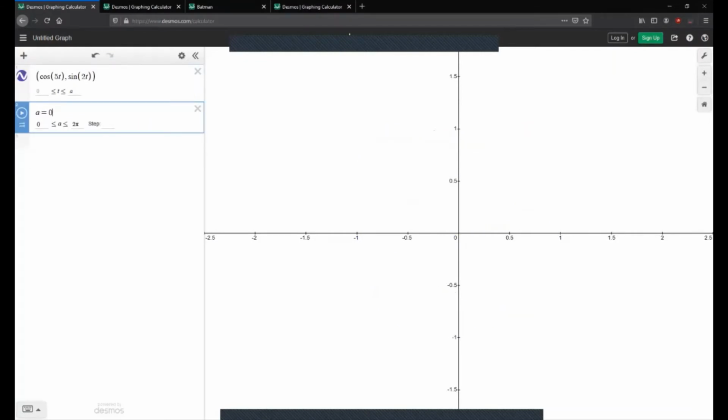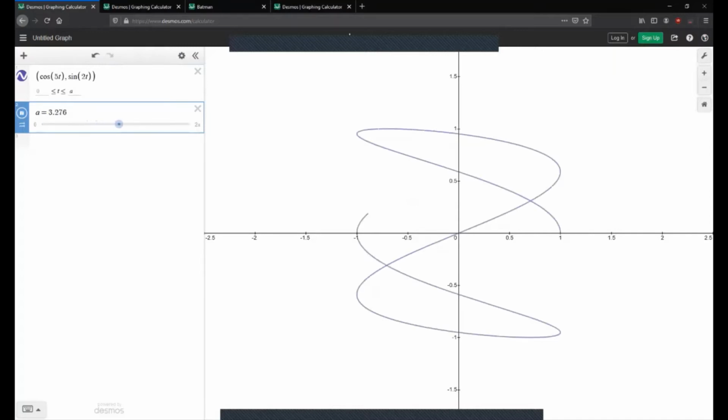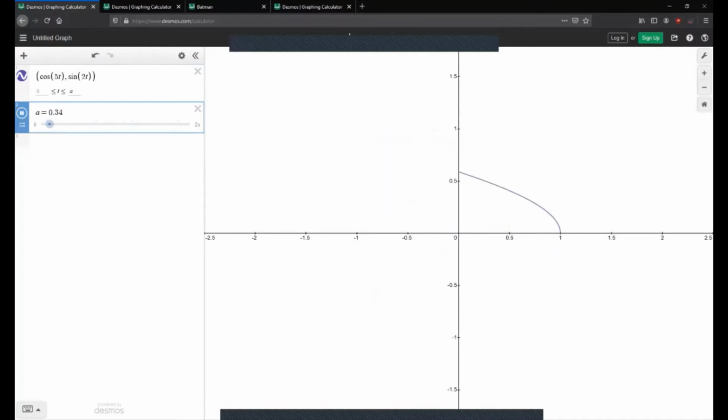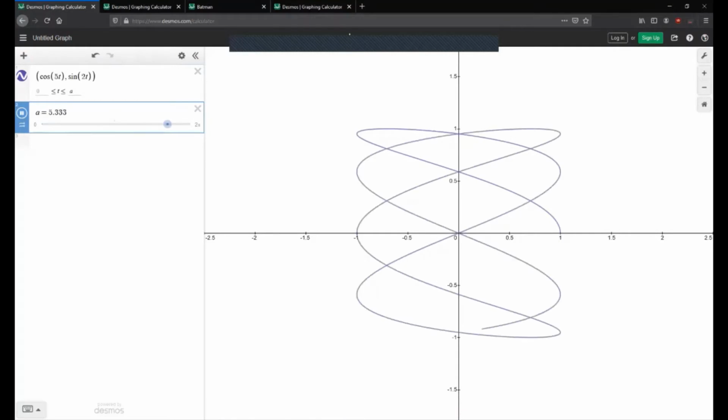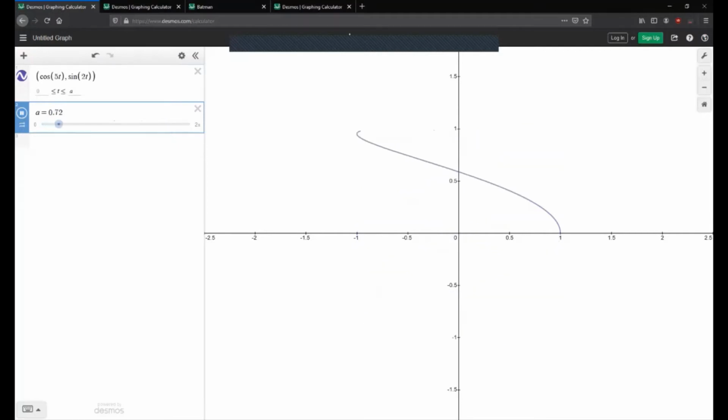So again, let me start at t equals 0, and I can trace out where my moving point visits on the plane. And I get a very different picture, although still a curve.